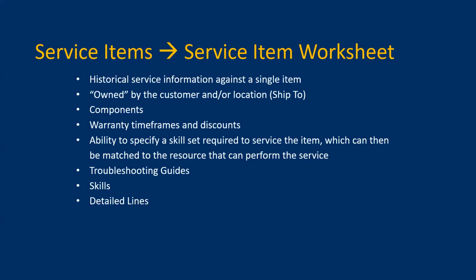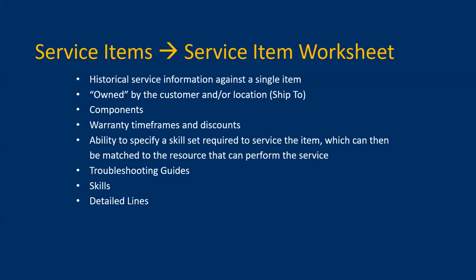So now on to the service items. They are, again, not required for service orders, but if you want to use Business Central for historical tracking, it is definitely suggested to use them. They have the advantage of defining what needs to be serviced and are linked to the service item worksheet, which has the details behind what makes up that service item.